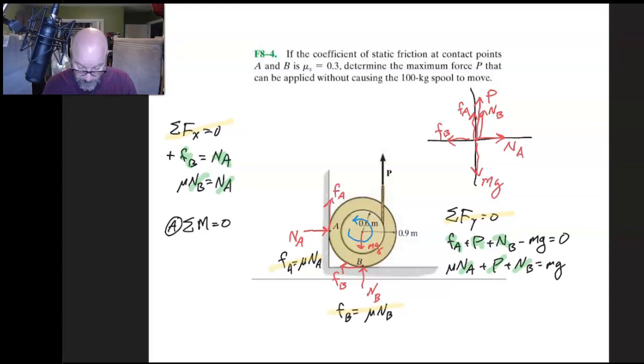Let's start with FB. FB is creating a negative moment, at a distance of 0.9. Then NB is going to create a positive moment, also at a distance of 0.9.